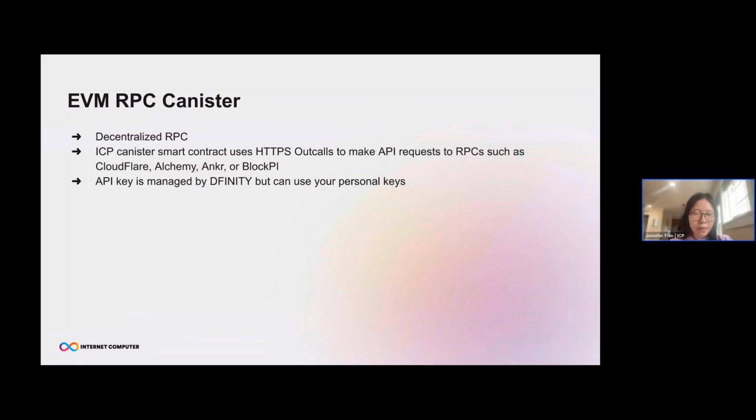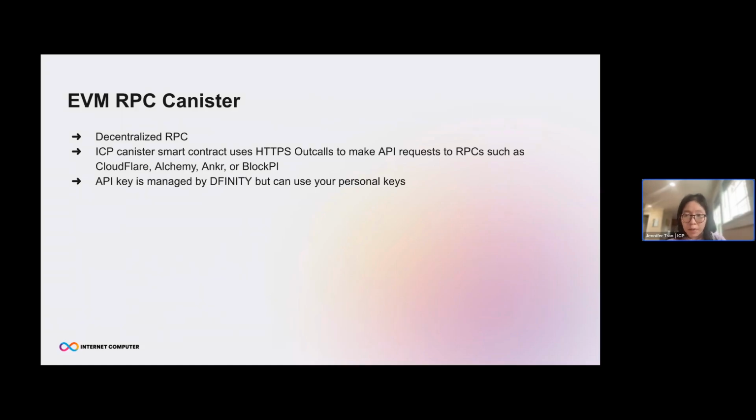An ICP canister smart contract, again, can call an API, right? So this uses ECDSA calls to make API requests to RPCs. The common ones are Cloudflare, Alchemy, Ankr, or BlockPI.